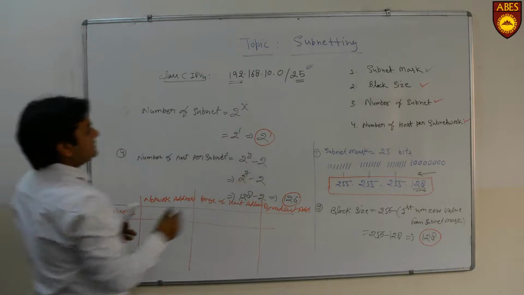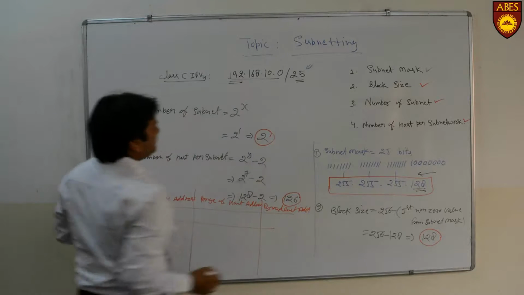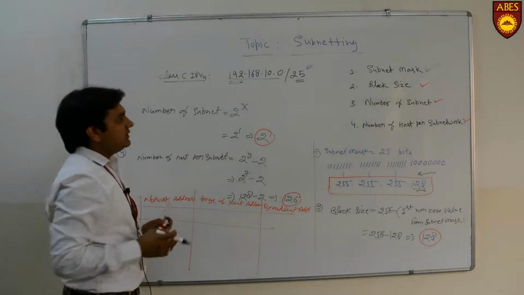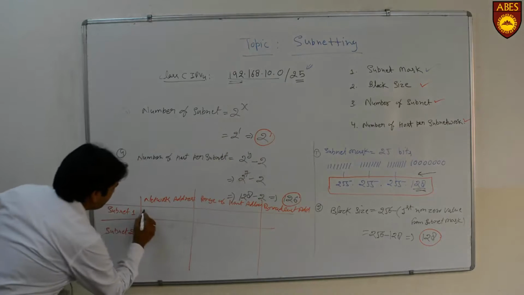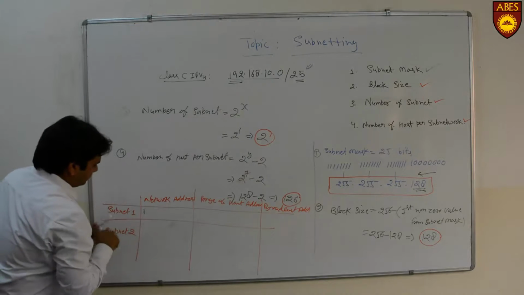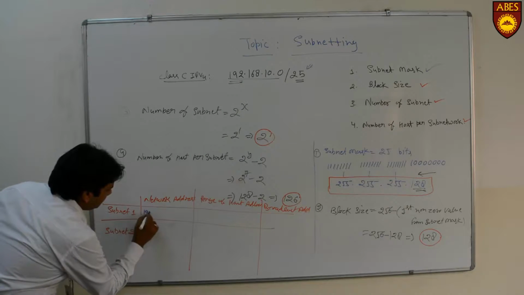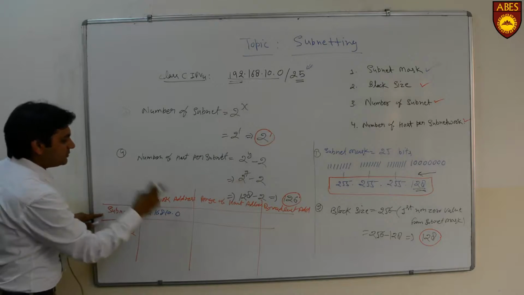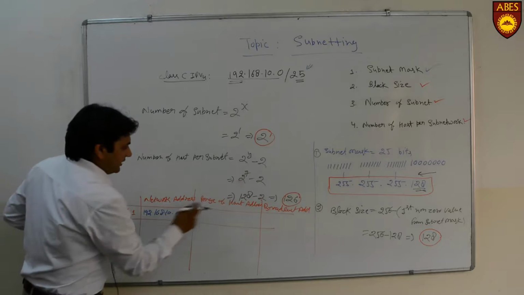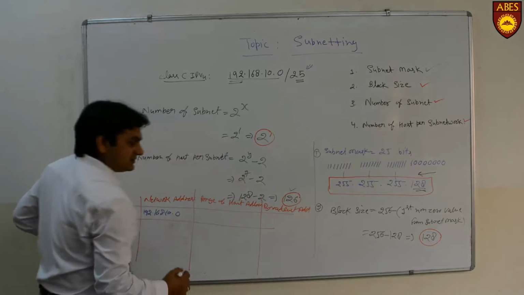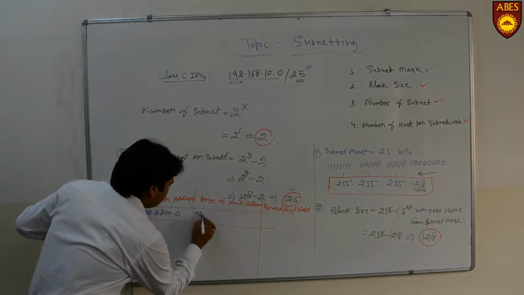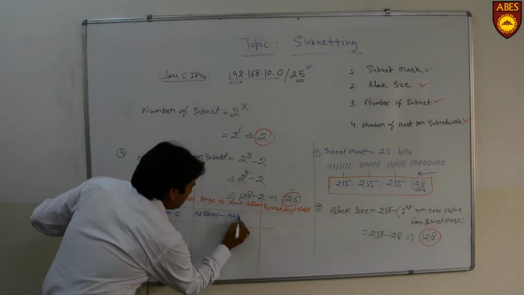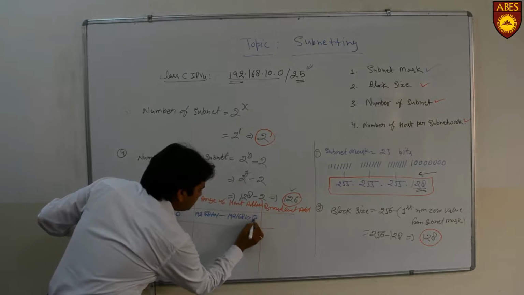So let us consider the IPv4 address 192.168.10.0. IPv4 addresses are contiguous, so we will start from that point. 192.168.10.0 is the first subnetwork's network address. We have 126 usable addresses, so we start from 192.168.10.1 to 192.168.10.126.